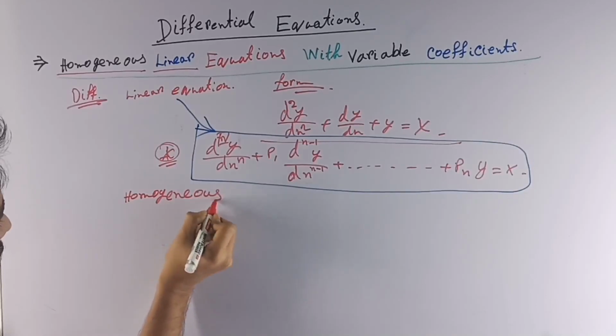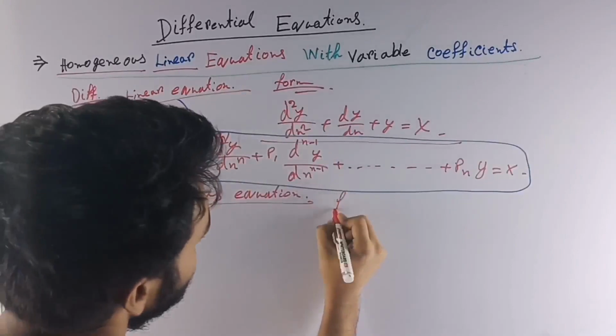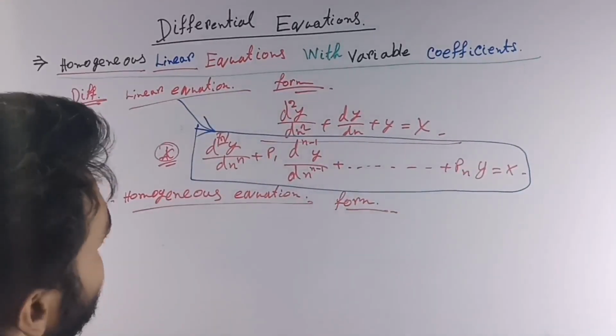Okay, now I take the homogeneous linear equation. First of all, it's linear, only linear, and this is the homogeneous.